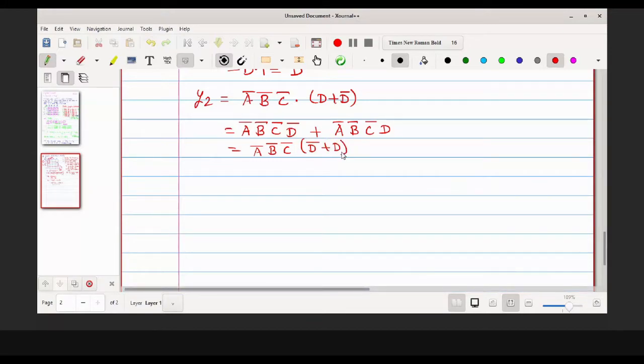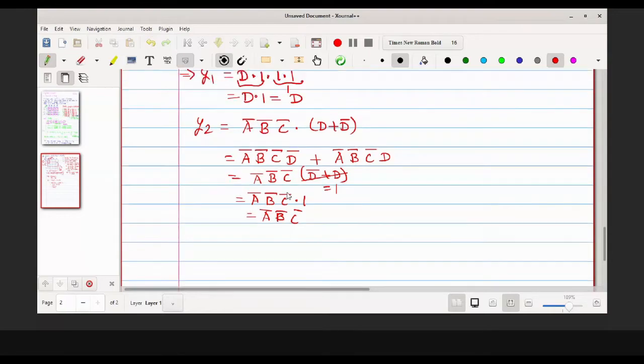And we know that in Boolean algebra, D bar plus D is equal to 1. So whatever is remaining, A bar, B bar, C bar into 1, is nothing but A bar, B bar, C bar. Okay, so we should not use this Boolean algebra text method.